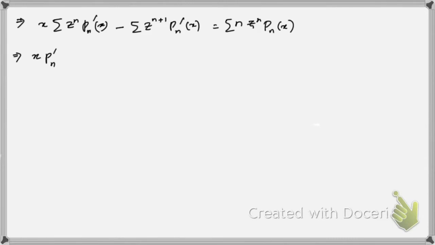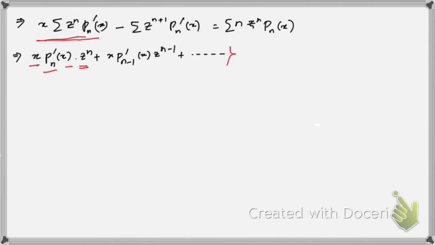So now you can write this term as the sum of x Pn dash of x z to the power n, then the next term will be x Pn minus 1 dash of x z to the power n minus 1, plus so on, dot dot dot, right?